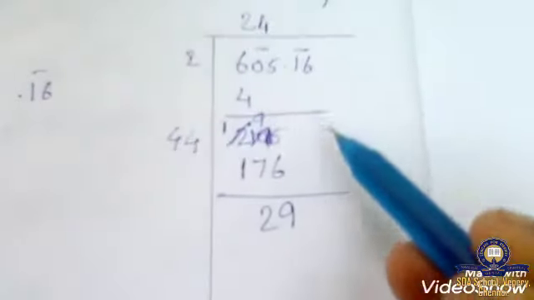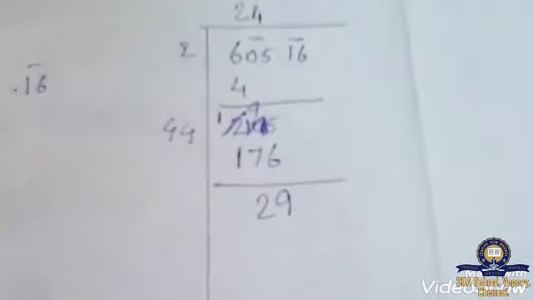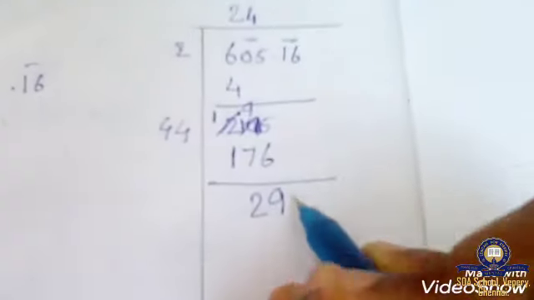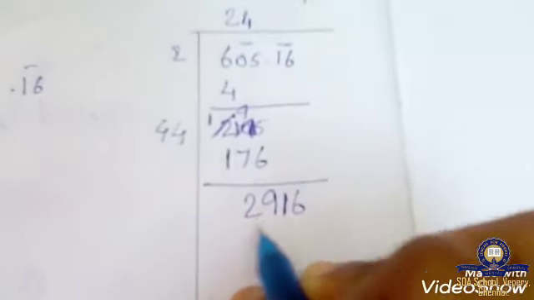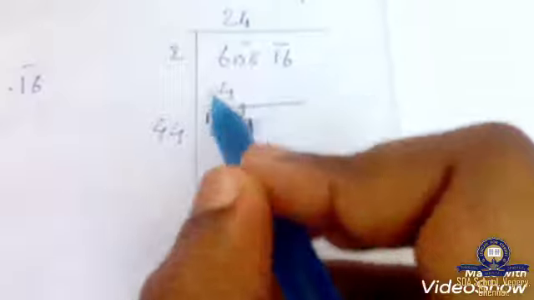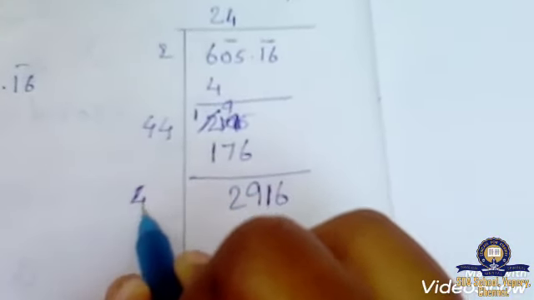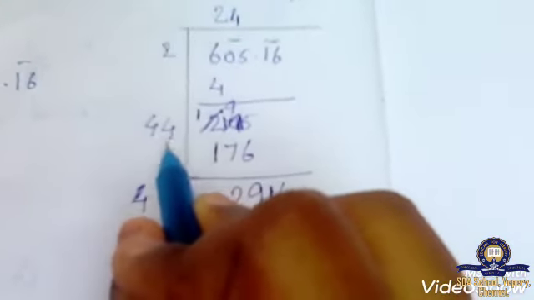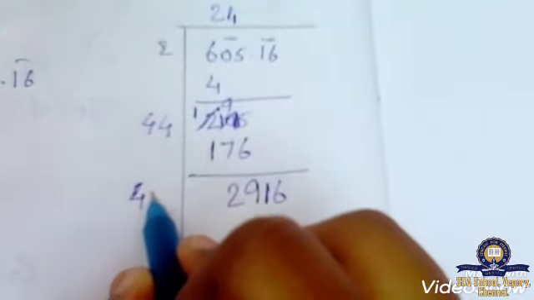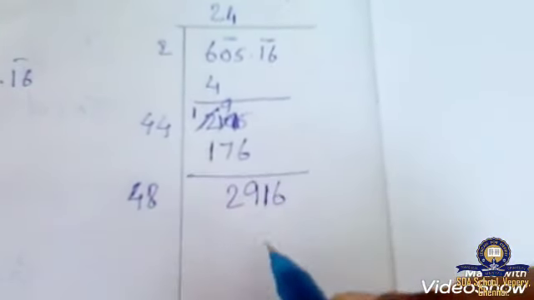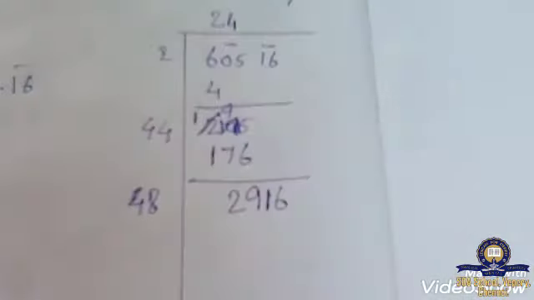Now we bring the third term down. So 16. When we double the term, we get 4. 4 into 2 is 8. So to find it, let me take 48.